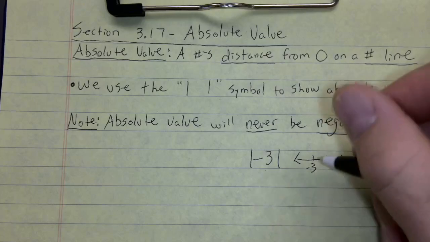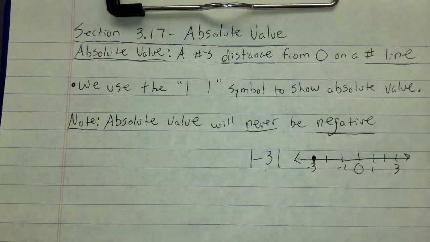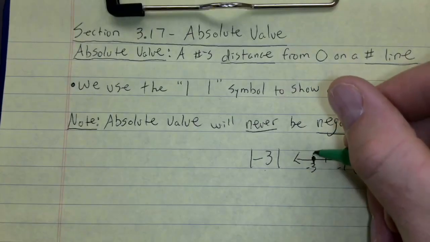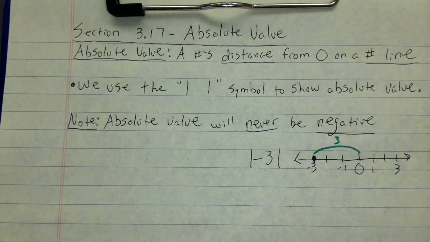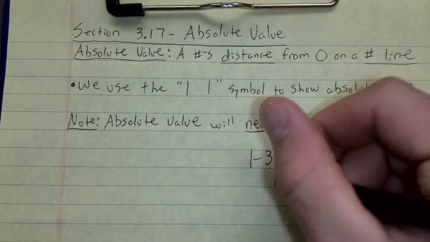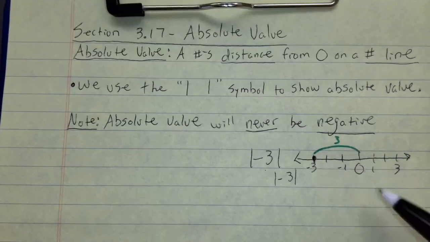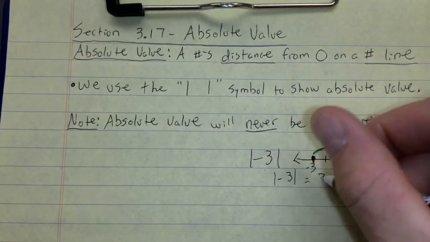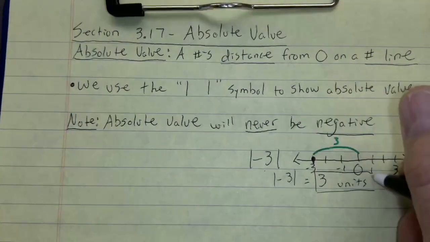So we know -3 is right here to the left of 0. And then from -3 to 0, we know that's 3 units. So the absolute value of -3 is just the distance from -3 to 0, and that is 3 units. 3 units is your answer.